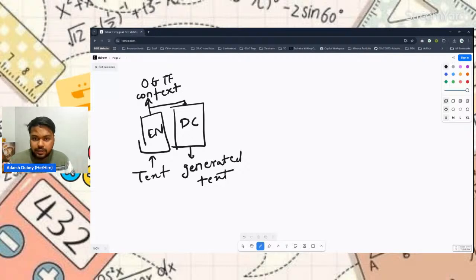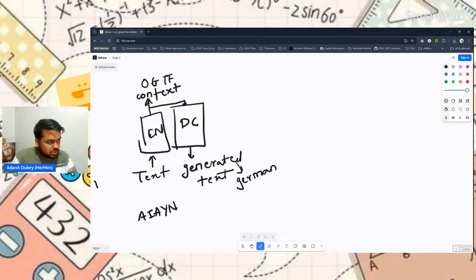Today, be it classification or text generation using natural language, we are using some part of this architecture. So this is the original transformer architecture: English text in, German text out, not generated text.